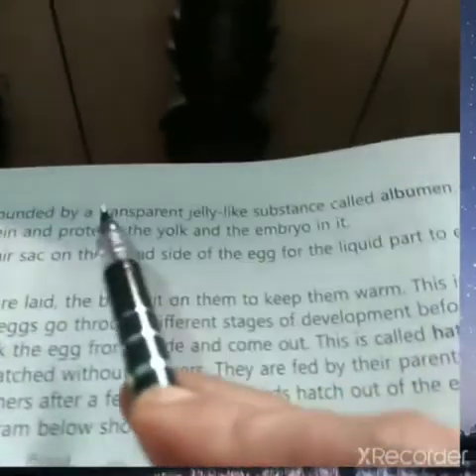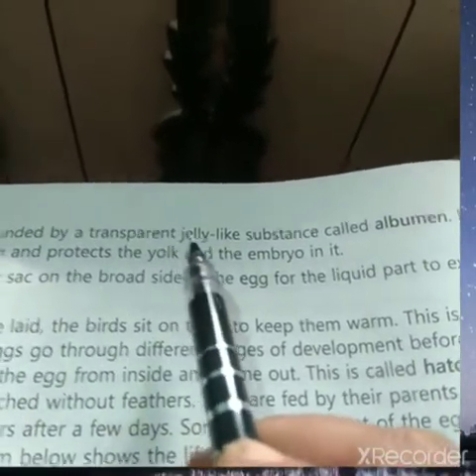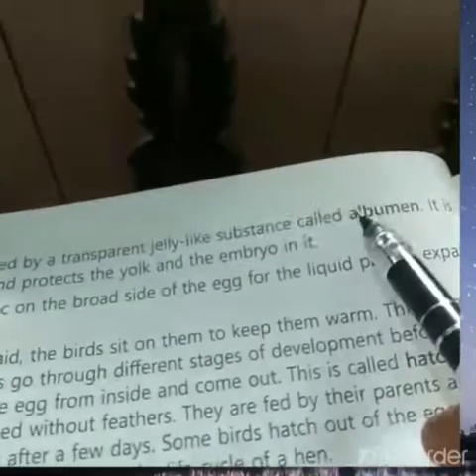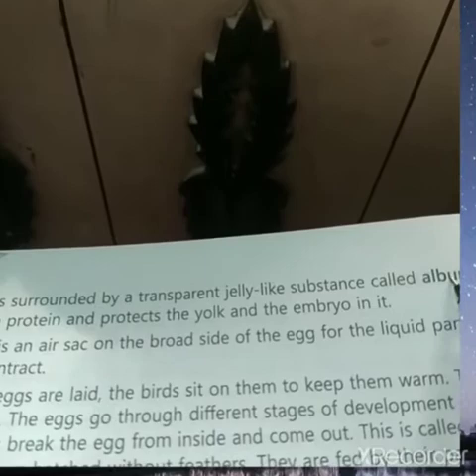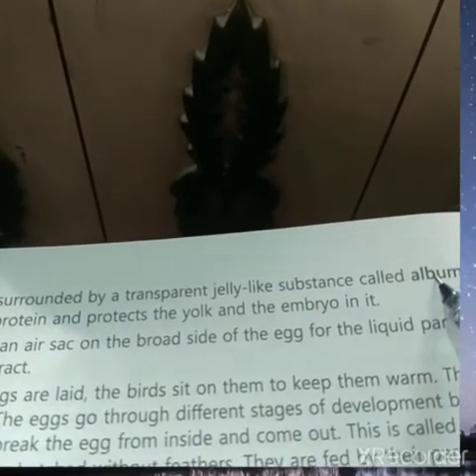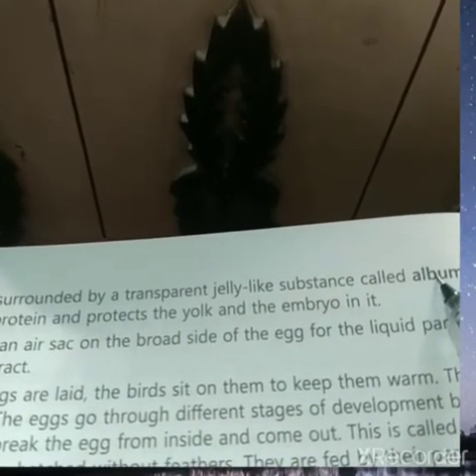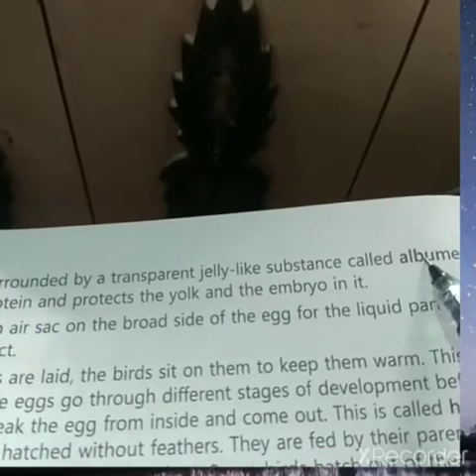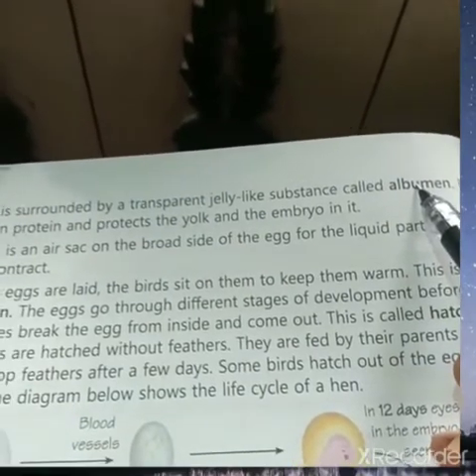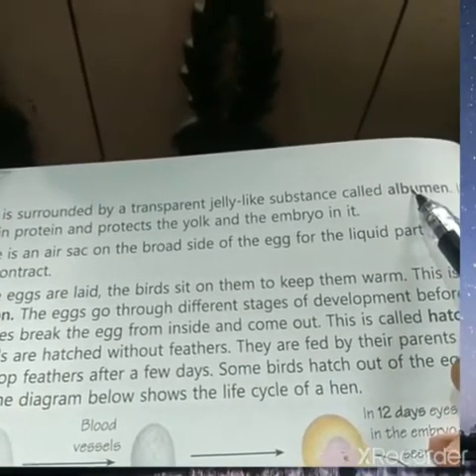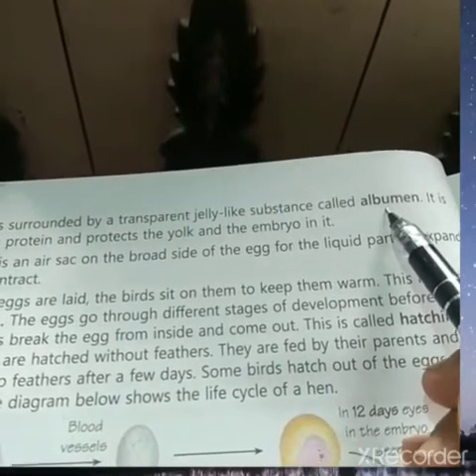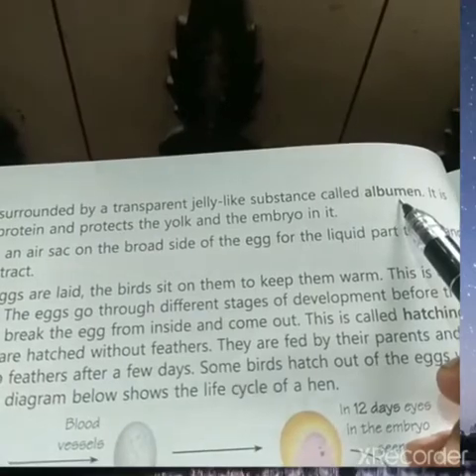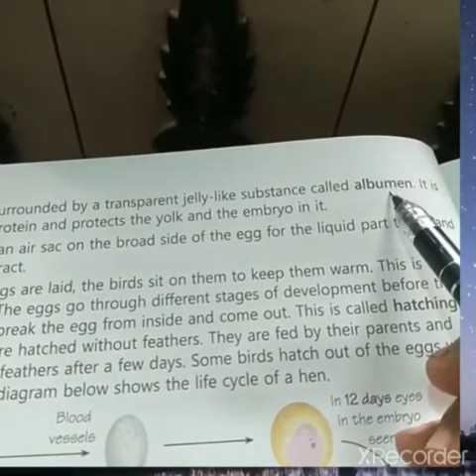Yolk is surrounded by a transparent jelly-like substance that is called albumin. In the egg, first there is the egg cell. After the egg cell, there is a thin cell membrane, and after the thin cell membrane, there is a layer of transparent jelly-like substance. It is called albumin.